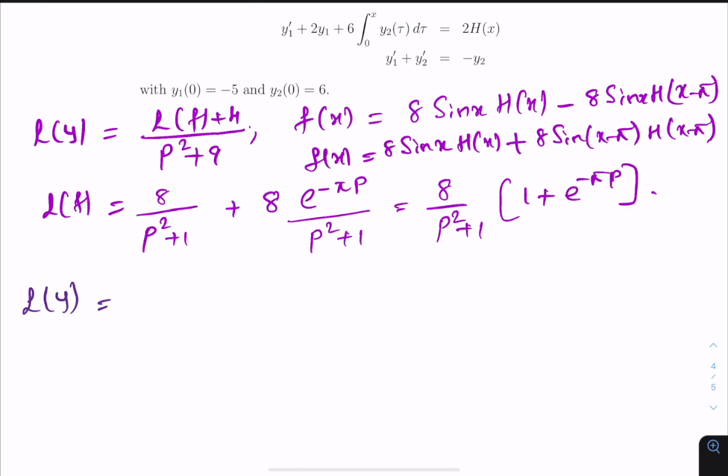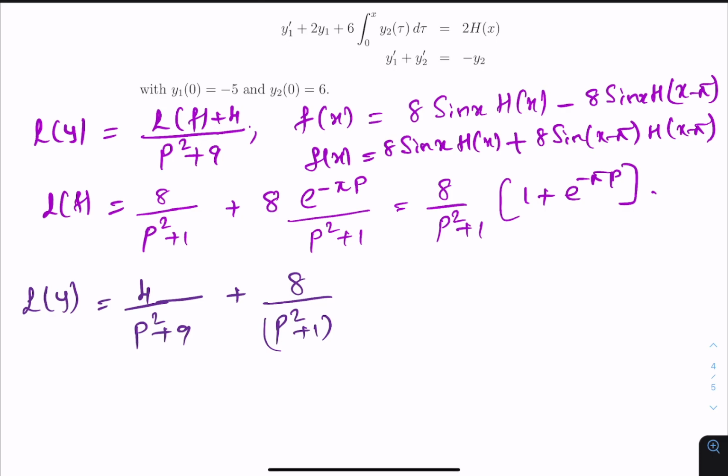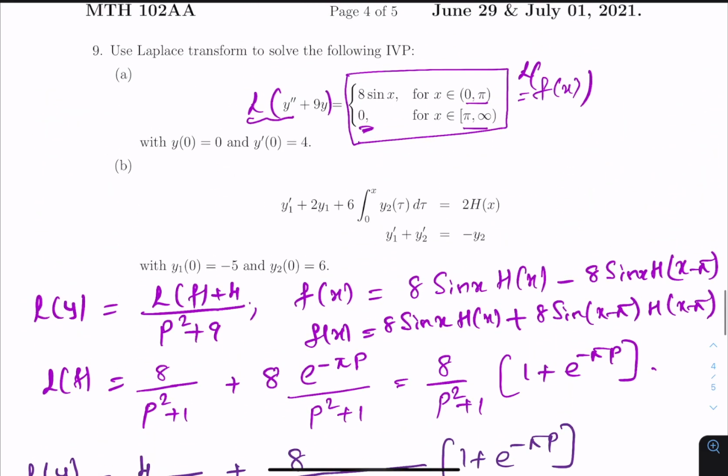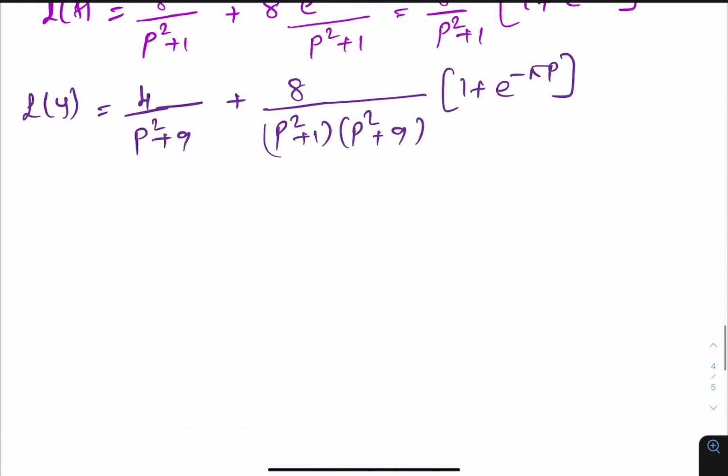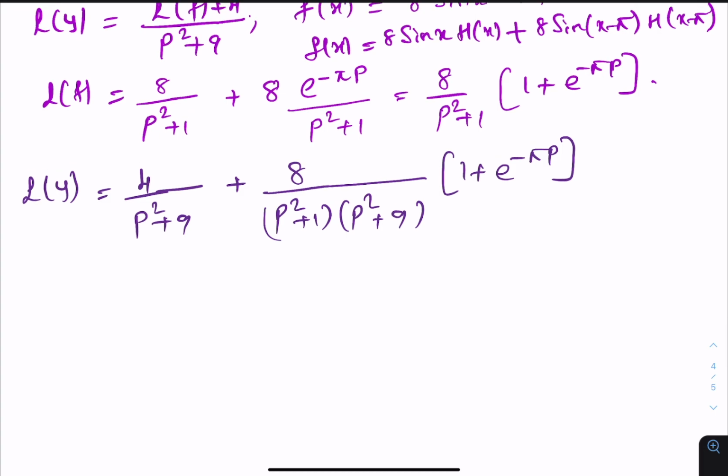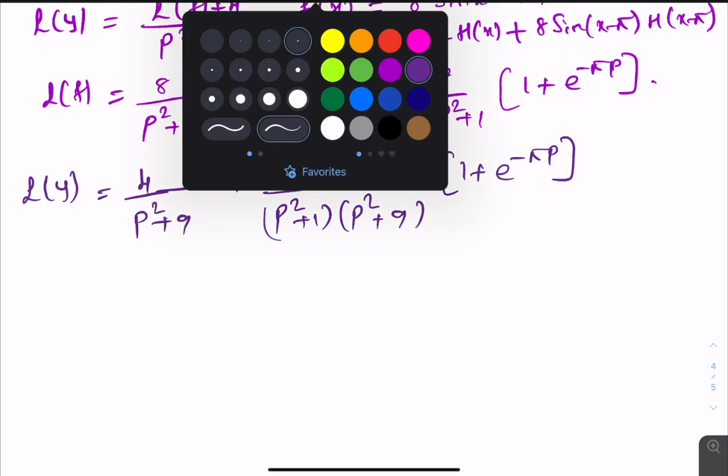Okay, so now what is L y? It's equal to 4 by p square plus 9 plus L f, which is this, so 8 over p square plus 1 and p square plus 9, times 1 plus exponential of minus pi p. Okay, now this is L y, so now we have to use partial fractions.